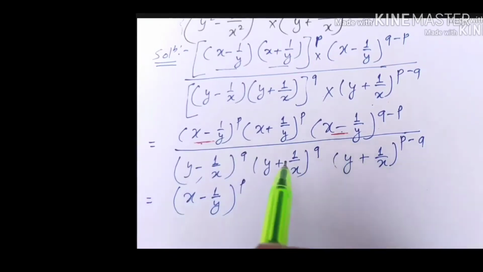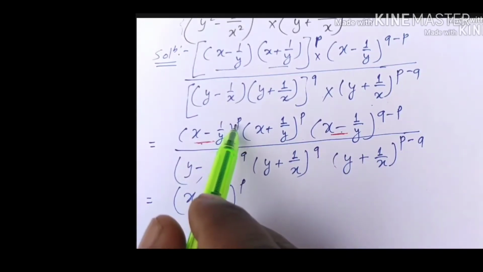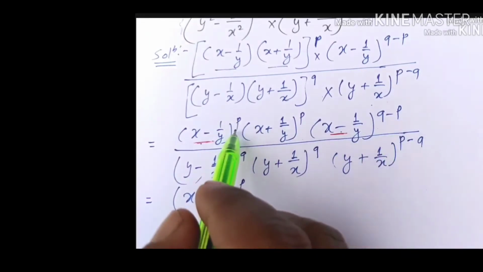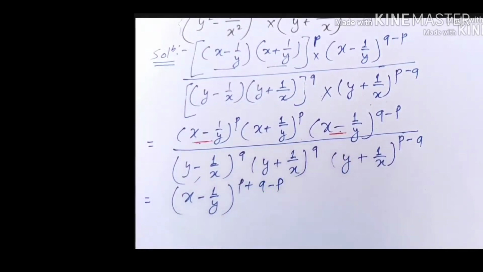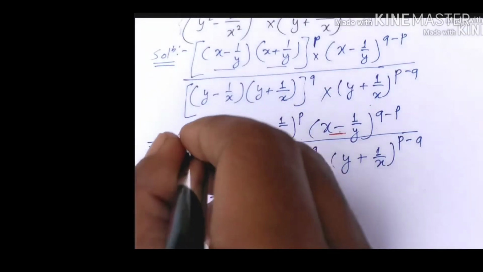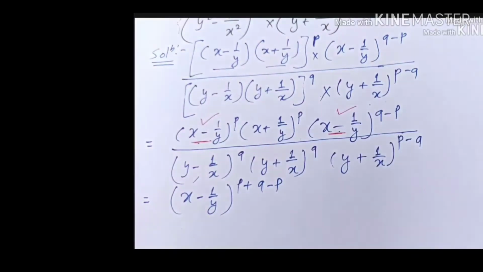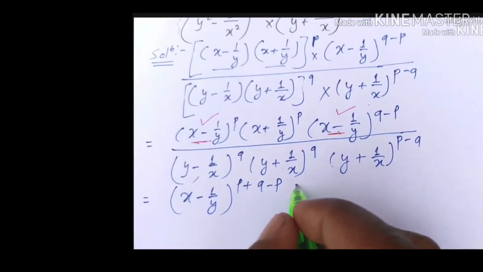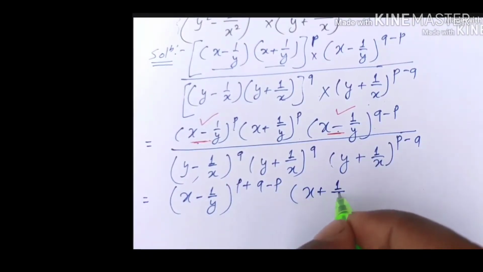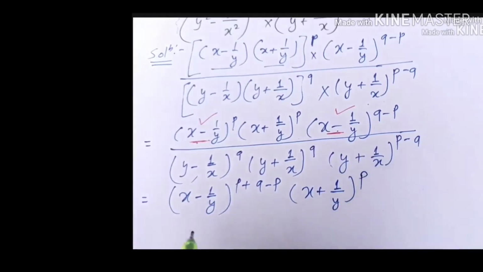The power is p, and the powers can be added, p plus q − p. If you add this term and this term, we will have the remaining term (x + 1/y)^p.